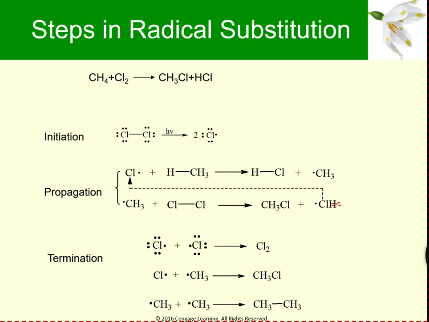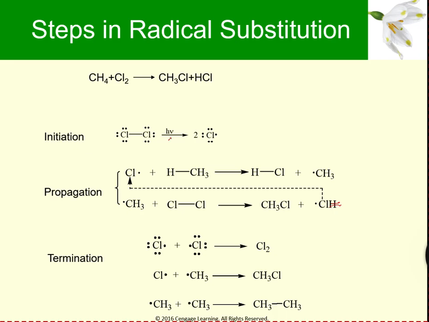Let's take an example. This is a real example of an organic reaction involving a radical mechanism. Methane reacts with chlorine and forms chloromethane and HCl. This reaction requires light. Actually, light provides energy to generate radicals.